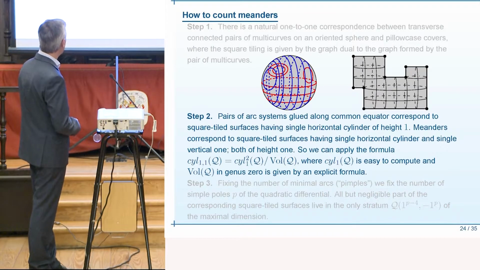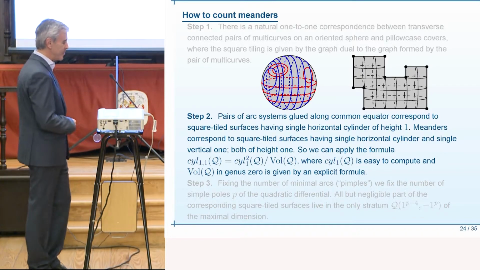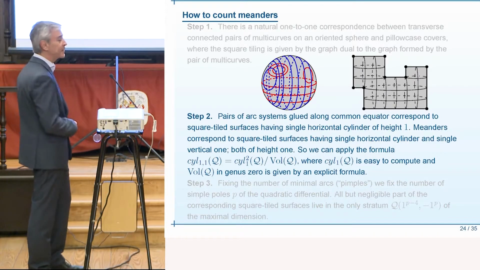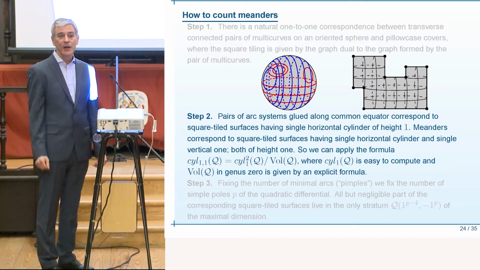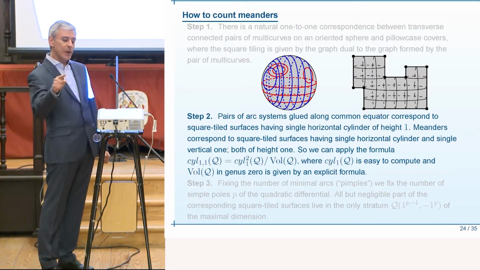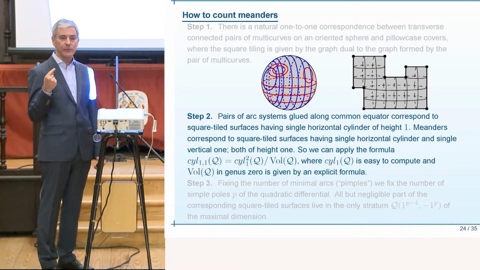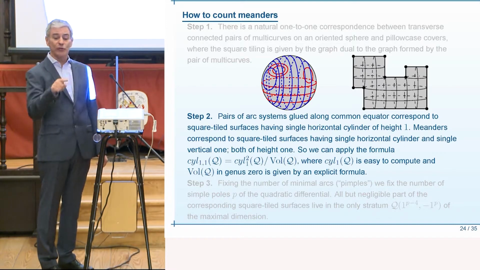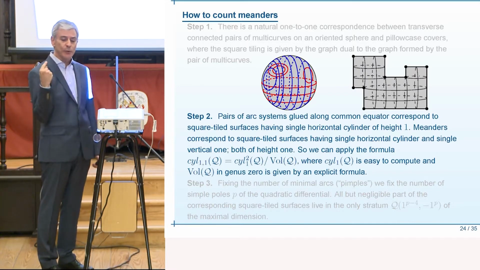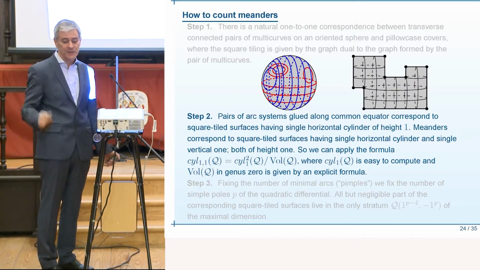surfaces. Now, the next idea is what are arc systems? Arc systems, all possible arc systems, they correspond to the situation when we have a single horizontal multicurve, and a certain amount of vertical. So our horizontal multicurve is not a multicurve, it's just a single connected curve, and vertical is some curve.